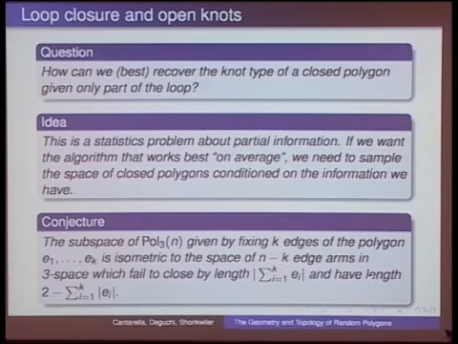And you know the length of the other n minus k edges, because you know how much length was taken up so far. And you know n minus k because I'm assuming you knew which polygon space you had a partial polygon from. With all those assumptions, the conditional thing is basically the space of arms which fail to close by a certain length and have a certain length.